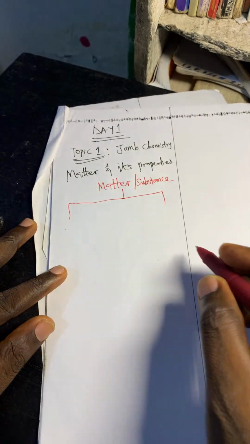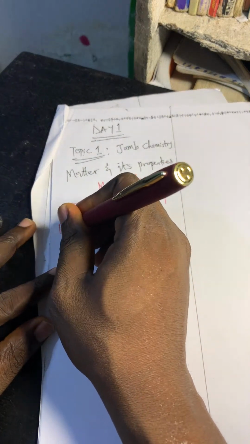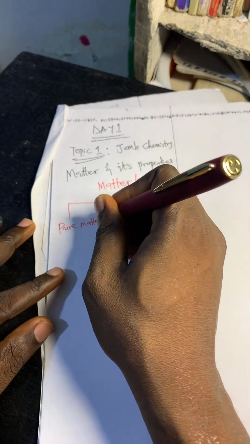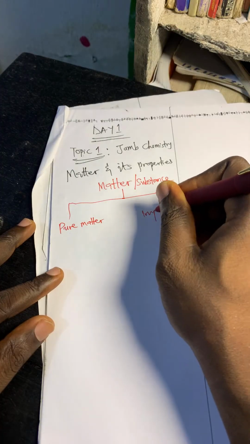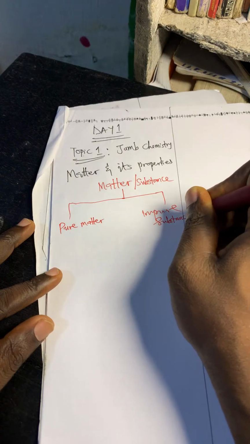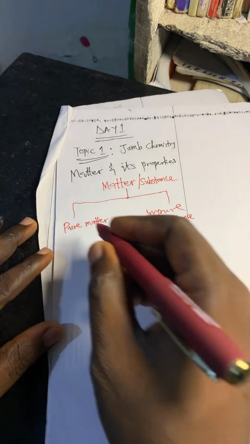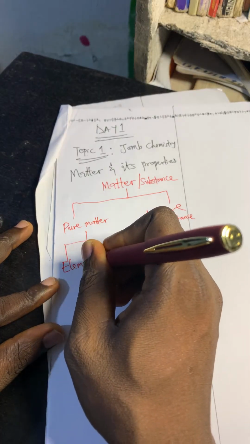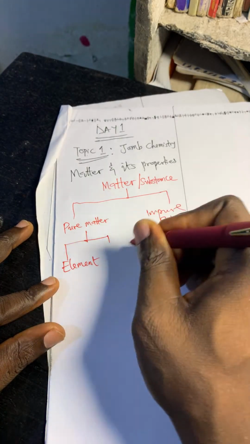Okay, now look at this. Matter, we have what we call pure matter or pure substance, and what? Impure substance. Remember, I say it's either we say matter or substance. Now, under this pure, we talk about your element, and we talk about your mixture.